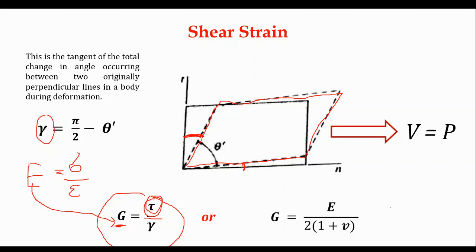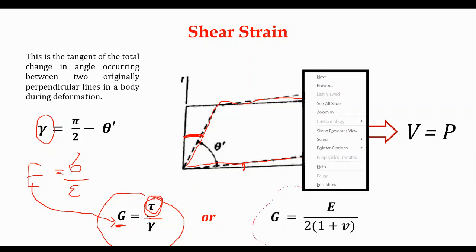Their relationship is: modulus of rigidity equals elasticity over 2 times 1 plus Poisson's ratio. Let's just remember that.